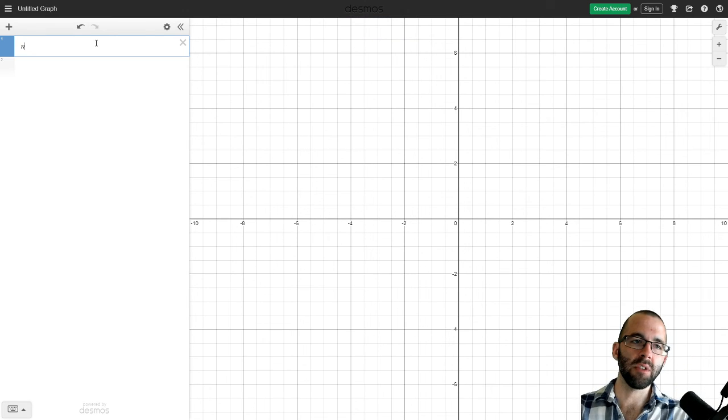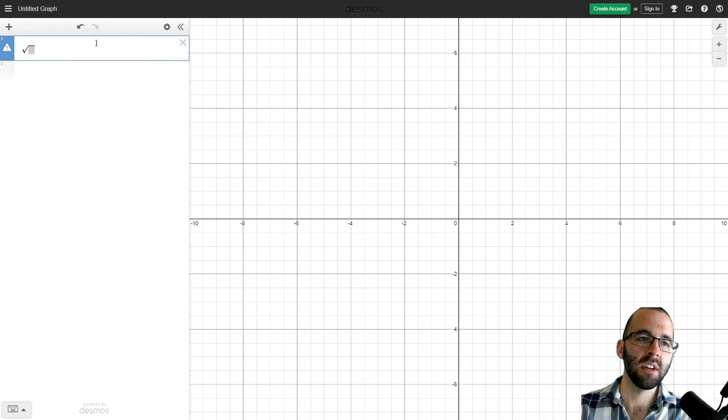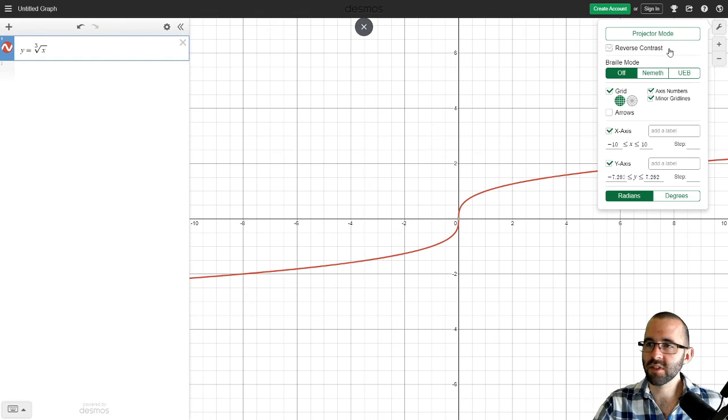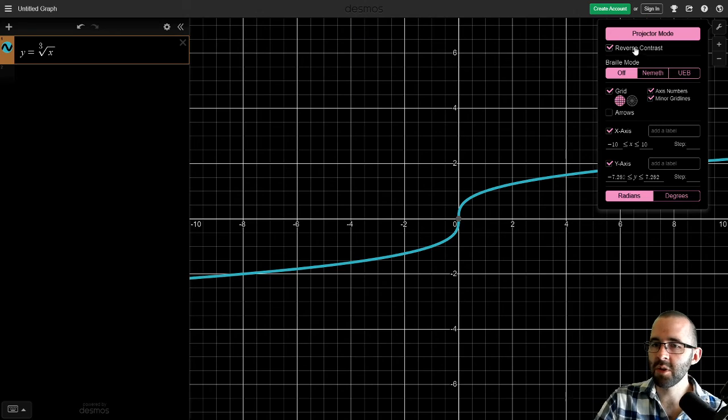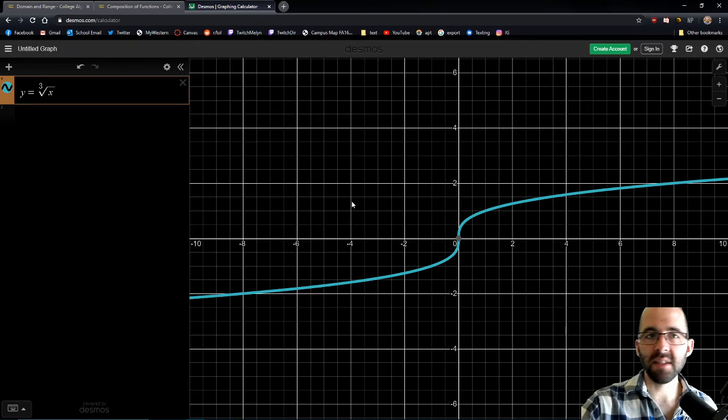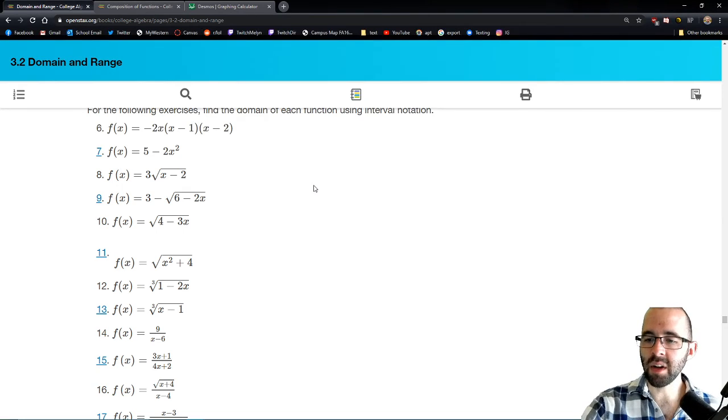Oh wait, I got rid of Desmos. Cubed root functions are one of your toolkit functions, so it's certainly a really good function to be familiar with. Cubed root functions look like these. The domain of this is all of the x values. And notice that this goes off forever. This has every x value you can possibly want.